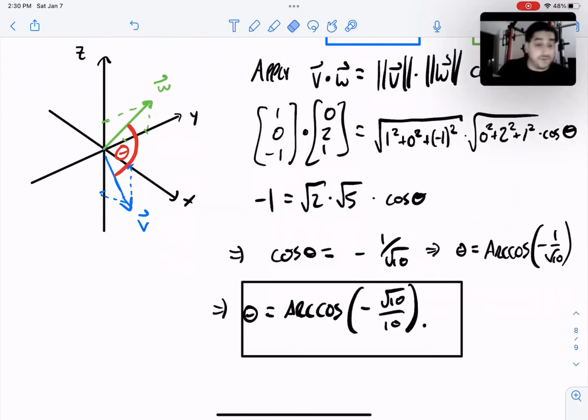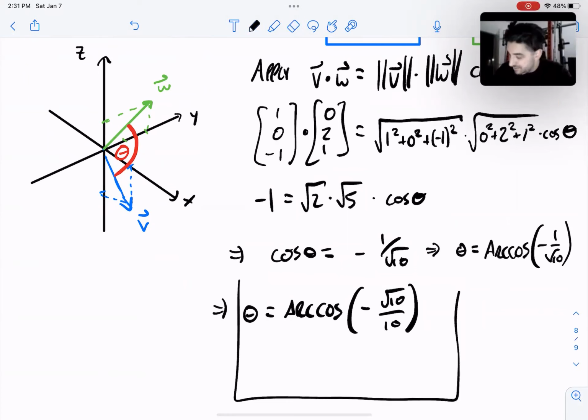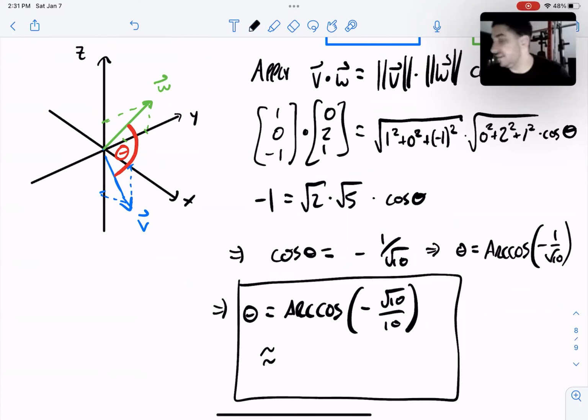Now, of course, if you want, you can get an approximate value for this. Once you have the arc cosine, sometimes it's nice to see what that is in degrees. So let's do that. Let's just type it into a calculator and get an estimate, in degrees, in radians, whatever you like.